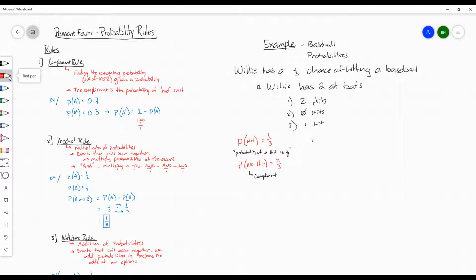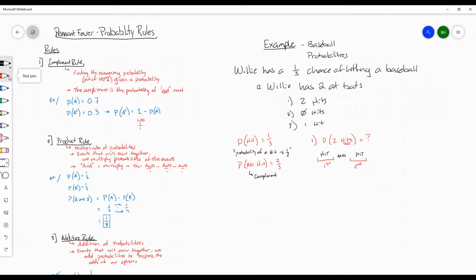Number 1, what is the probability of getting 2 hits? If Willie comes up to bat 2 times in a game, I'm going to put the first at-bat over here and the second at-bat over here, and I want 2 hits. Willie would need to get a hit in his first one and a hit in his second one.